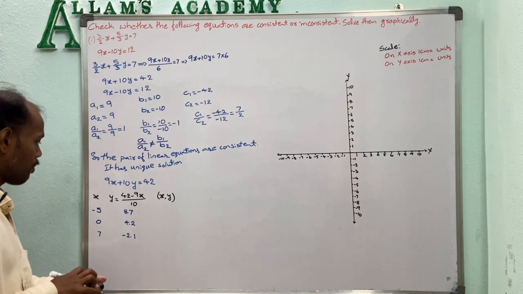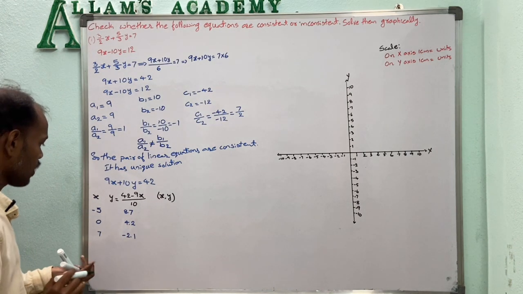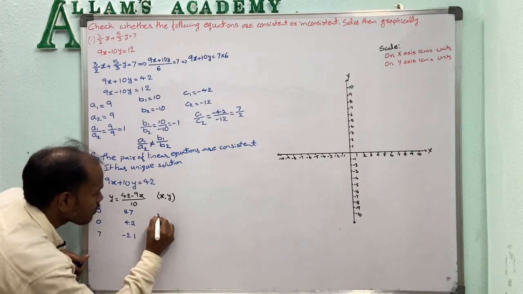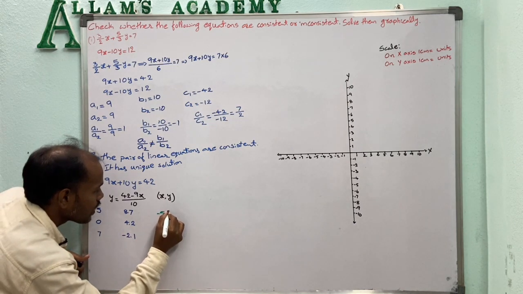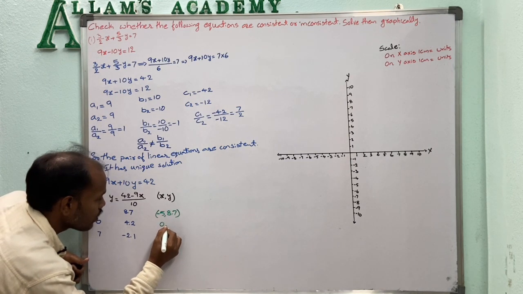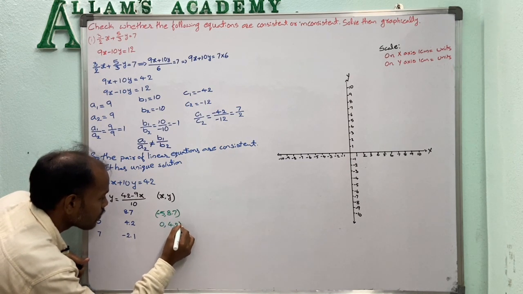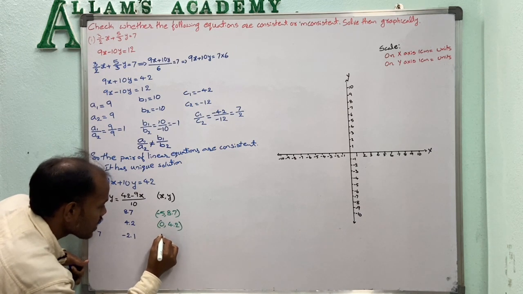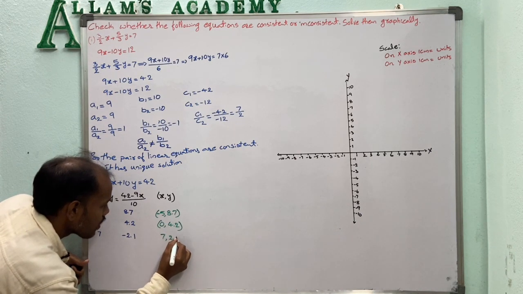So the points are: for minus 5, 8.7; for 0, 4.2; for 7, minus 2.1.